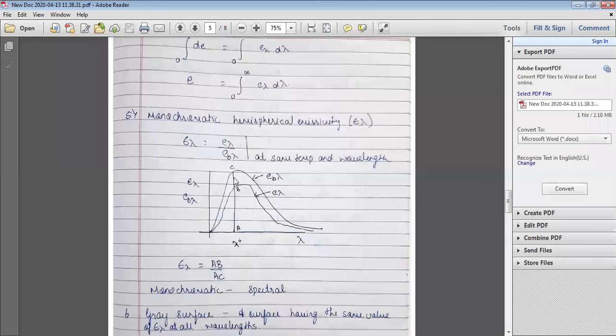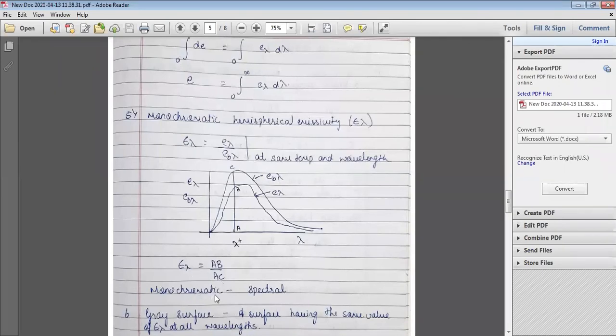And for a particular wavelength, I draw a line. I'm considering a certain wavelength from 0. I draw a line, and I take this point as A, this point as B, and this point as C. So epsilon lambda will be A to B over A to C: A to B is for the normal surface, and A to C is for the black surface.